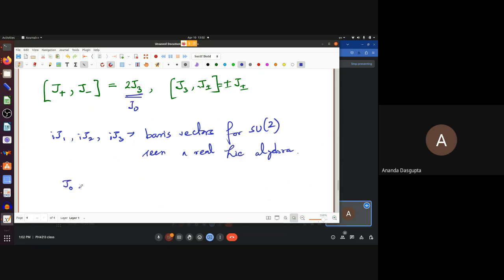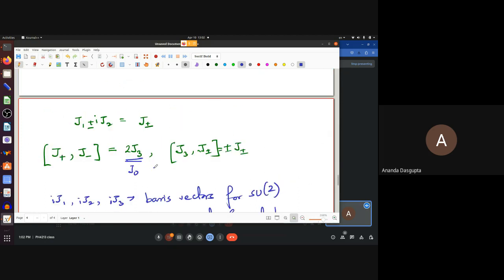So J0, J plus, J minus. They form basis vectors. This is, of course, a change of basis, a transformation. I've just linearly combined J1, J2, and J3, right? I've arrived here.